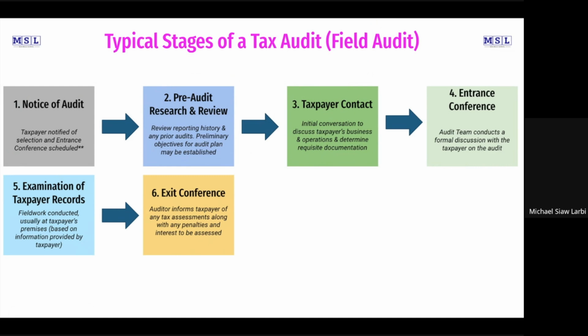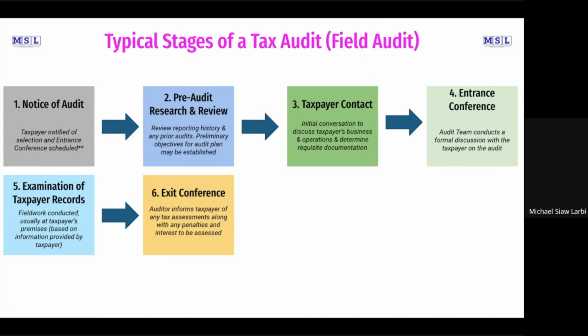So if there are some pending issues, maybe they could give you additional information to clarify. So at the exit conference stage, apart from discussing potential liabilities, you give the taxpayer the opportunity, a fair hearing, to provide any clarity or additional information that they have to clarify whatever stance you currently have.